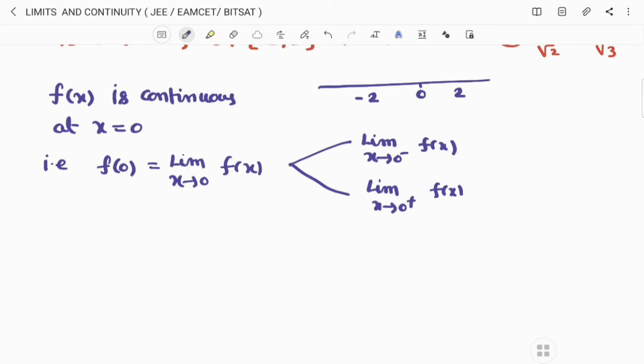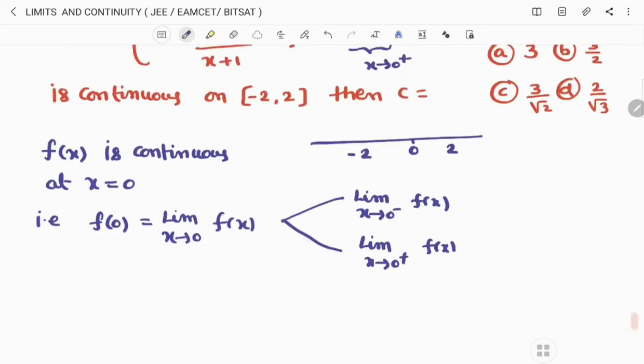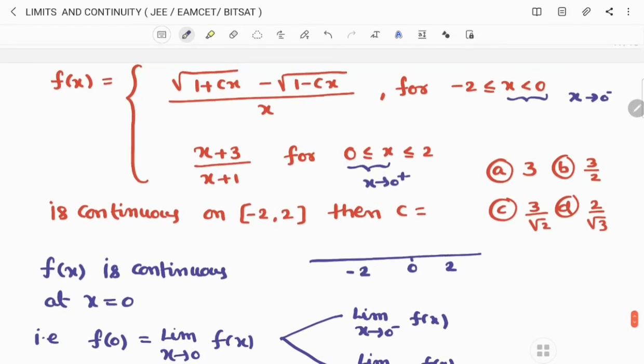And how to calculate the value of f(0)? For 0 less than or equal to x, we have f(x) = (x + 3)/(x + 1).